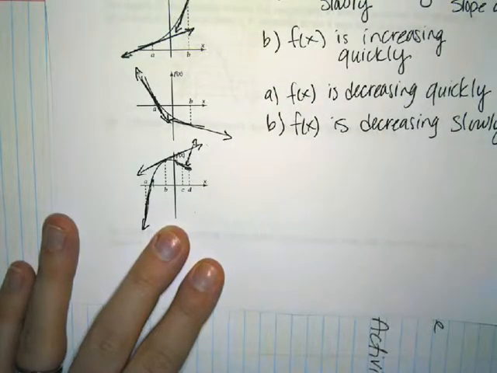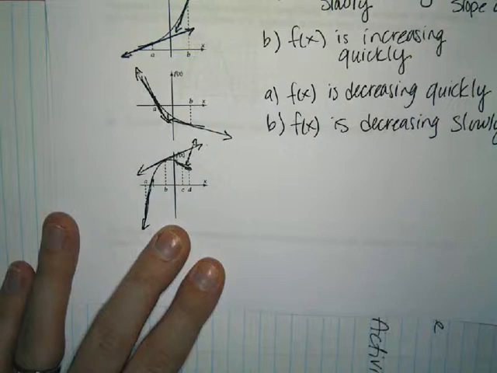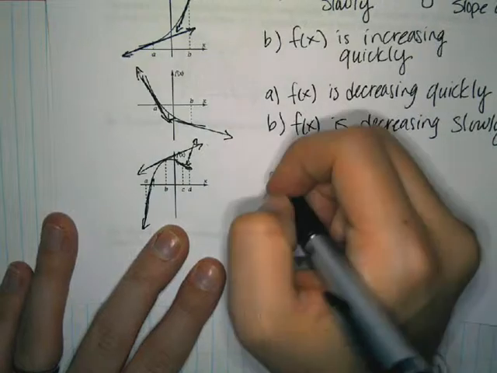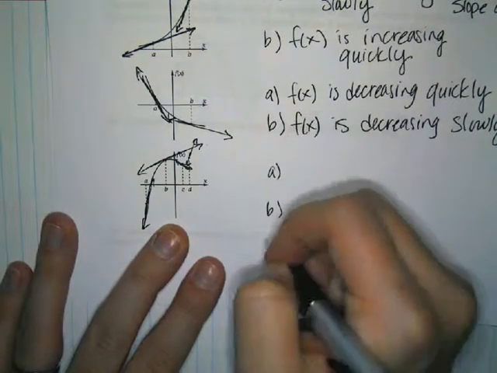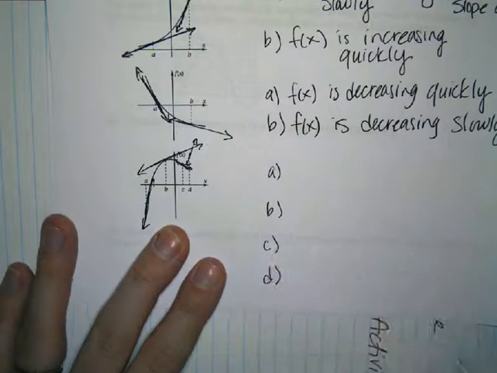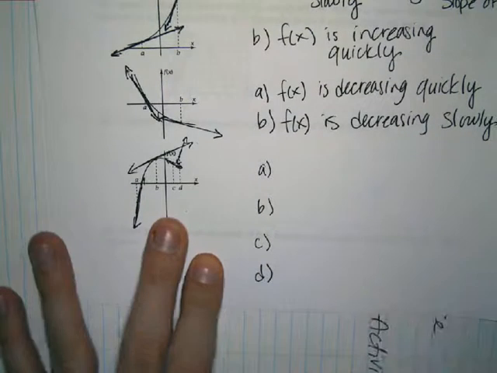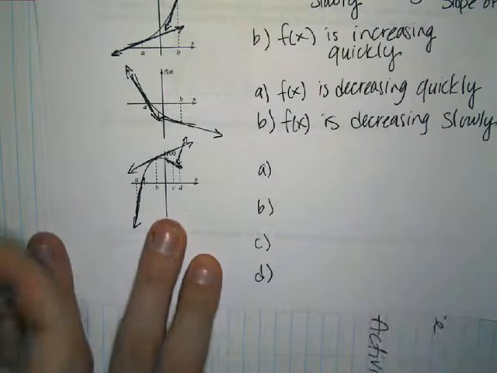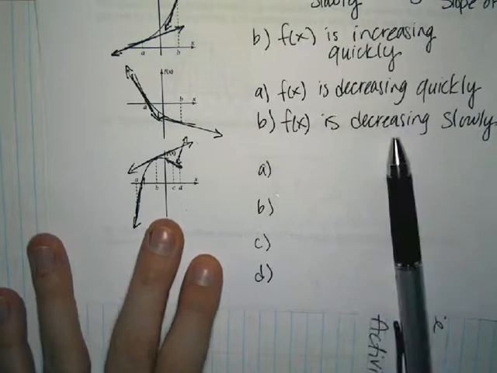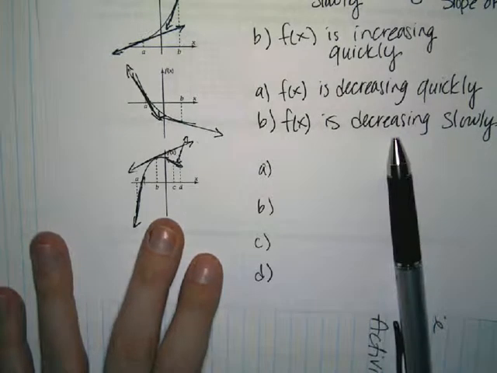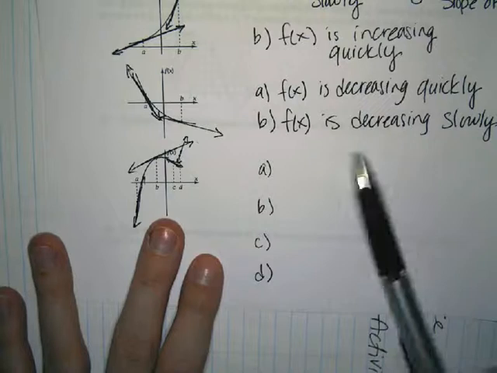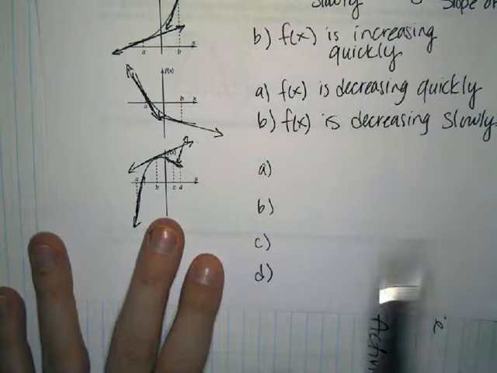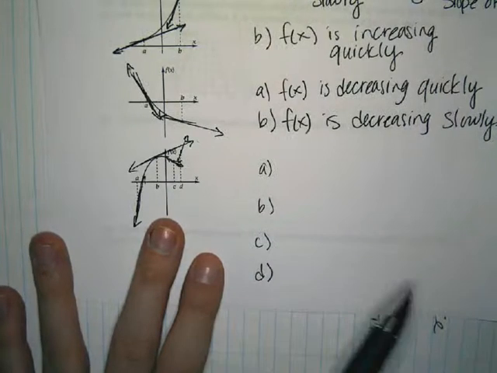All right. Bree, can you describe what's happening at A for me? Okay, so f of x is increasing quickly. Good. What's happening at B, Evan? At B, it's increasing more slowly.